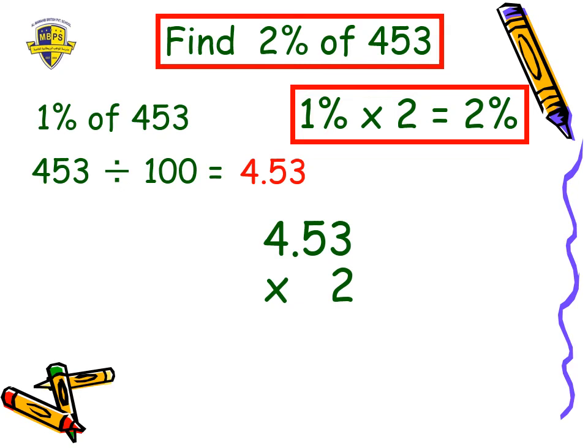Multiply 2, and now we start multiplying. 2 multiply 3 equal 6, good. 2 multiply 5, 10, 0 and 1 up. Then 2 multiply 4, 8. Where we have to put the decimal point after 2 places, and we start counting from the right side.